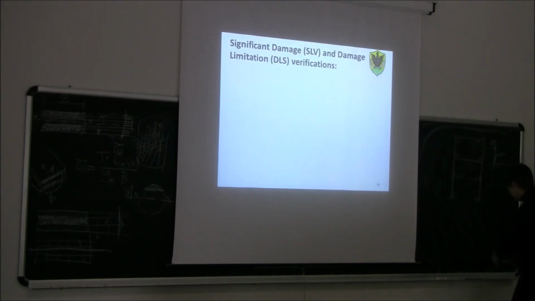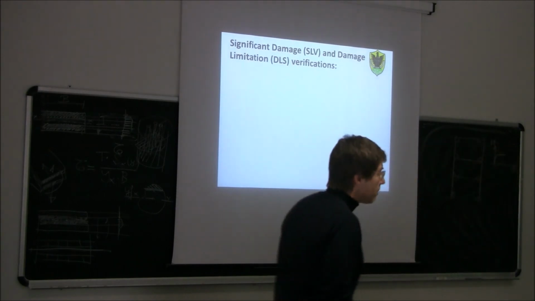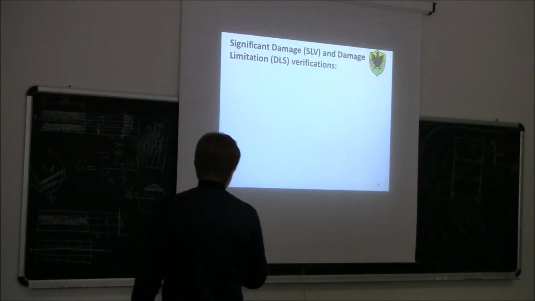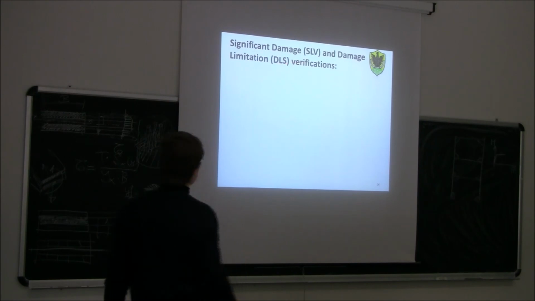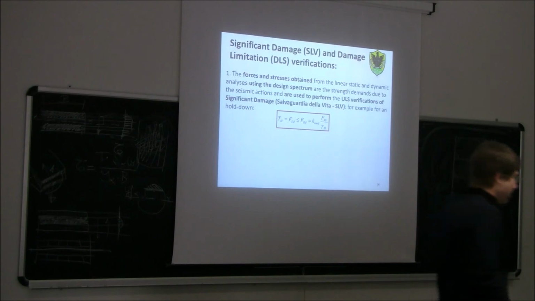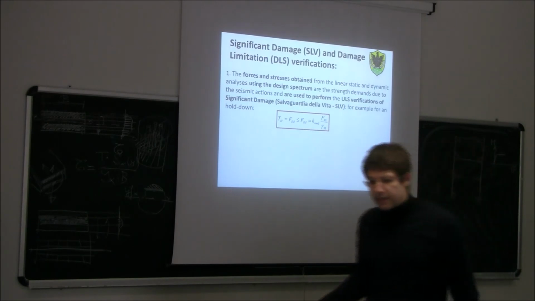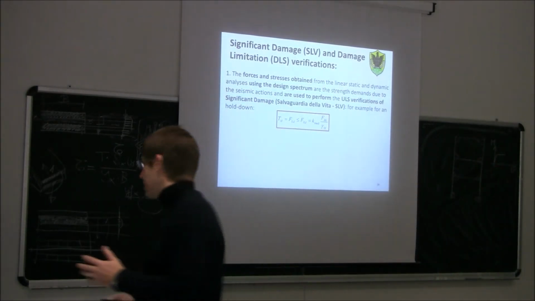Now, something about the regulation, Italian regulation and European regulation. The European regulation talks about significant damage and damage limitation verifications. So, when we do a seismic design, what do we have to do? Basically, we have to do a linear static analysis using the design spectrum, and we have to check two limit states.